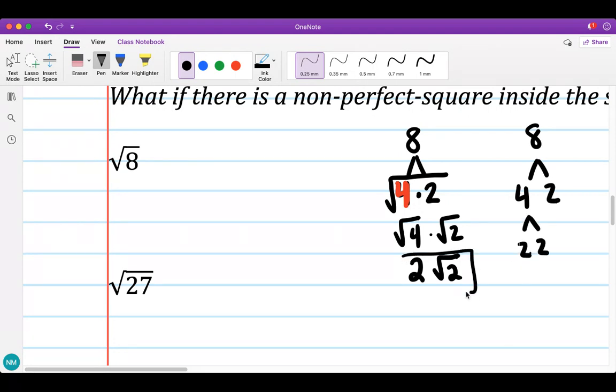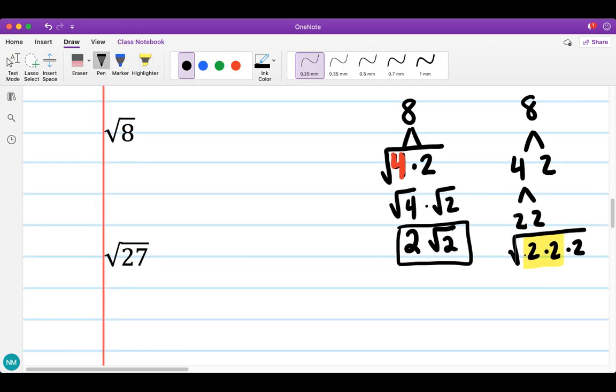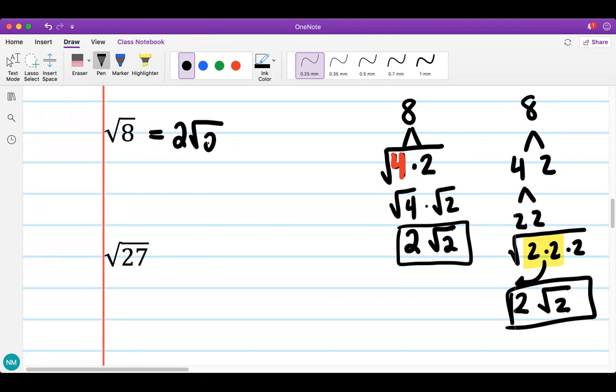For this one, it's going to be the square root of 2 times 2 times 2. The pairs come out as 1, so it's a 2, and the 2 on the inside stays. Still, you get the same answer, two different methods. So I know this is 2 root 2.